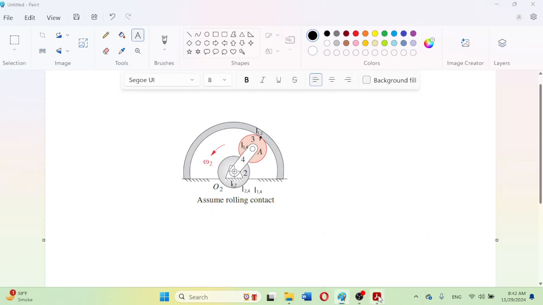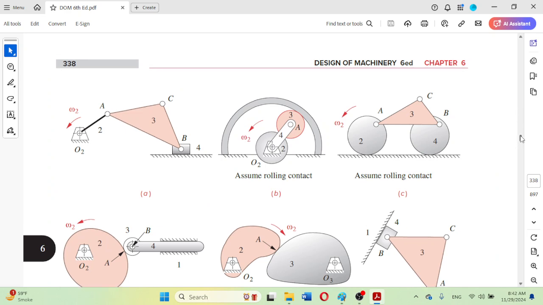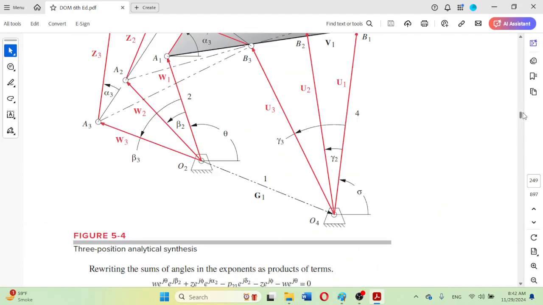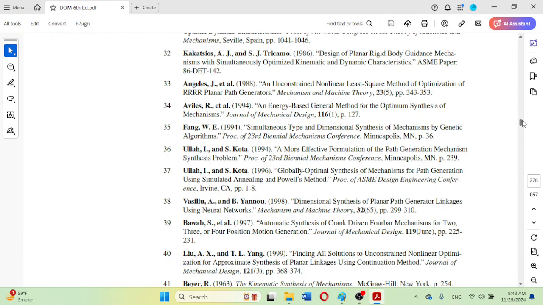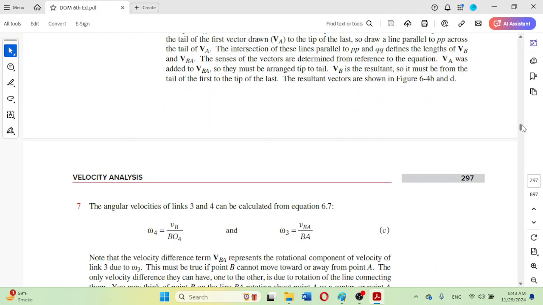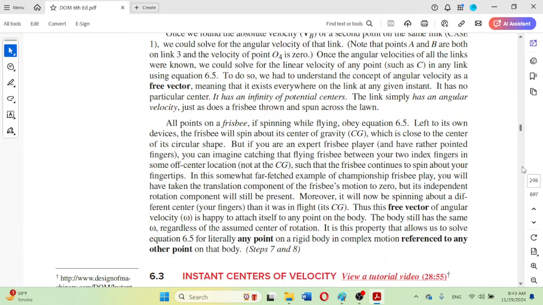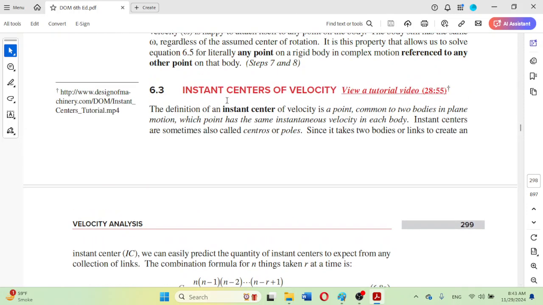As I can show here in the definition of the instant center which the author has written: the instant center is a point common to two bodies in a plane, which point has the same instantaneous velocity in each body.